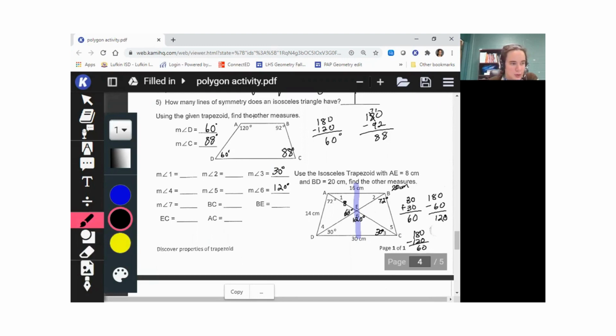And we know that the angle on top of 6 is 120 degrees because we have vertical angles. We know that the angle to the right of that 60 is also 60 degrees: 1 because of the line of symmetry, 2 because they're vertical angles.